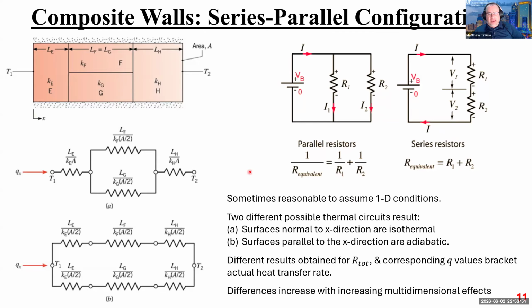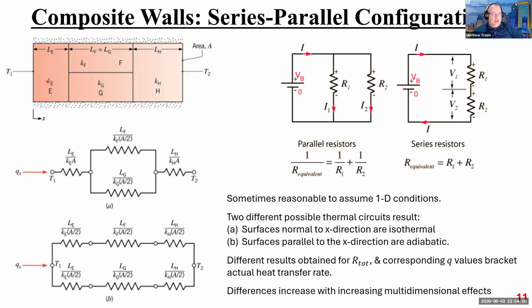Okay, so here's where things get a little weird. We have assumed one-dimensional heat transfer. And what that means is if I imagine these things as resistors in parallel, I've got a constant temperature here and a constant temperature here, and then two separate heat paths, right? So that's this thermal circuit.